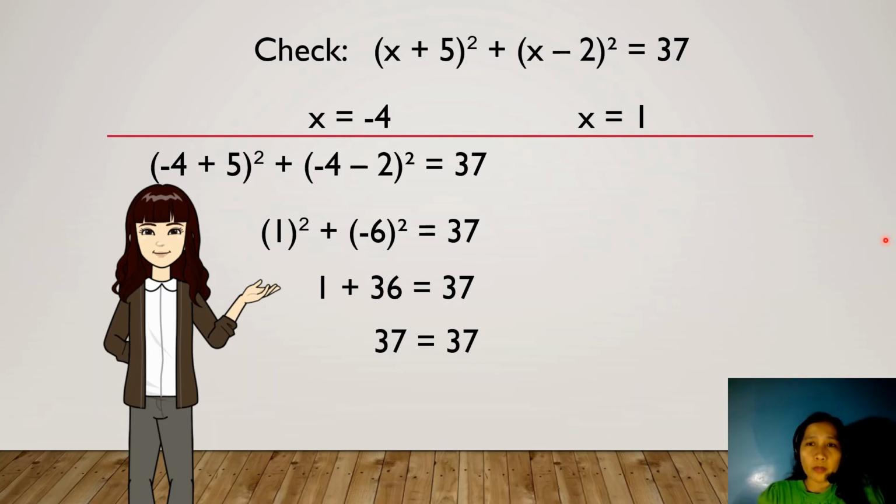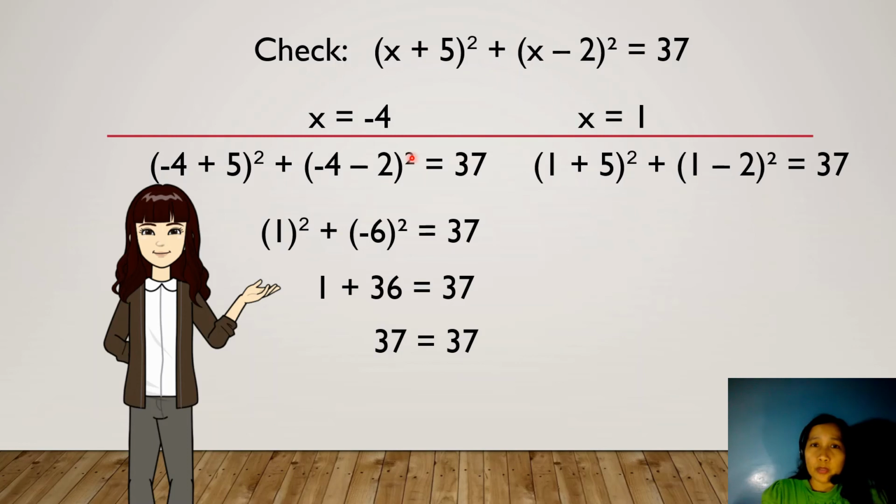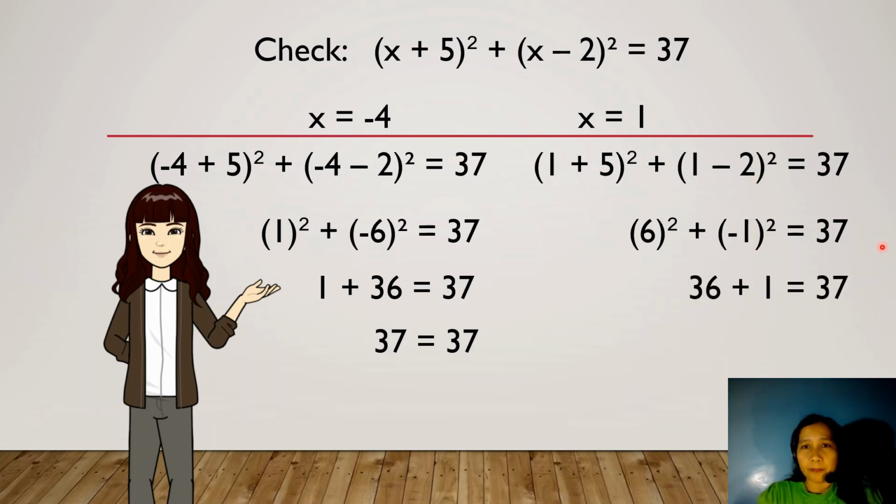How about 1? We will substitute 1 for x. So, it becomes 1 plus 5, quantity squared, plus 1 minus 2, quantity squared, is equal to 37. 1 plus 5 is 6 squared, plus 1 minus 2 is negative 1 squared, is equal to 37. 6 times 6 is 36.